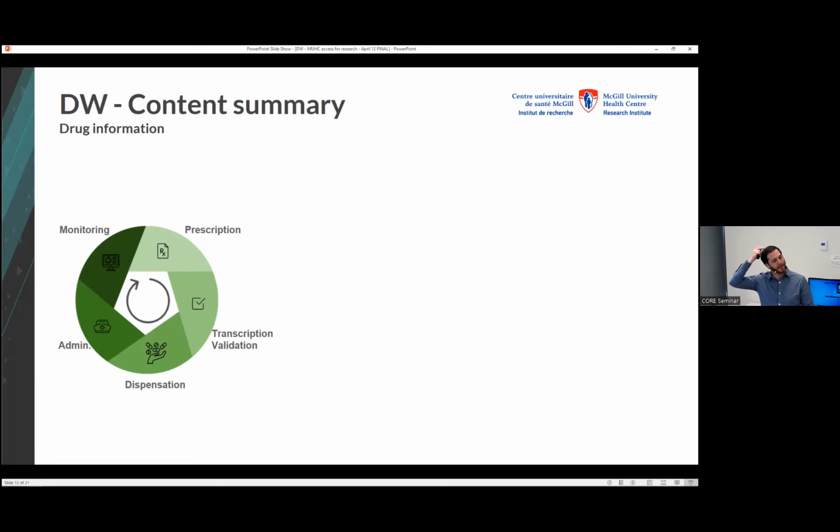Now I want to speak about the drugs, about medication information. Basically, this is the cycle of the medication. We make a prescription, transcription, validation. Some systems don't have this step. When someone makes a prescription, let's say on paper, someone is going to read it at the pharmacy, transcribe it, and then validate that the data is correct.